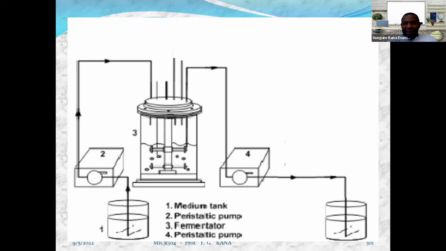Because if you look at the setup of this system, by implication, the slower growing strain will be washed out of the reactor. You'll end up with a monoculture of the fast growing strain, okay? You're going to end up with a monoculture of the fast growing strain. And the strain that's growing very slowly will be washed out of the system.